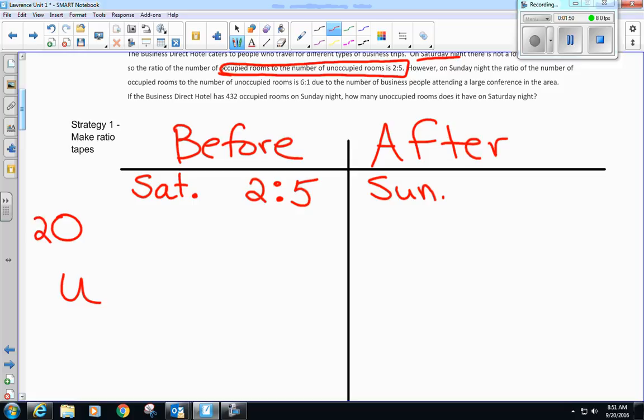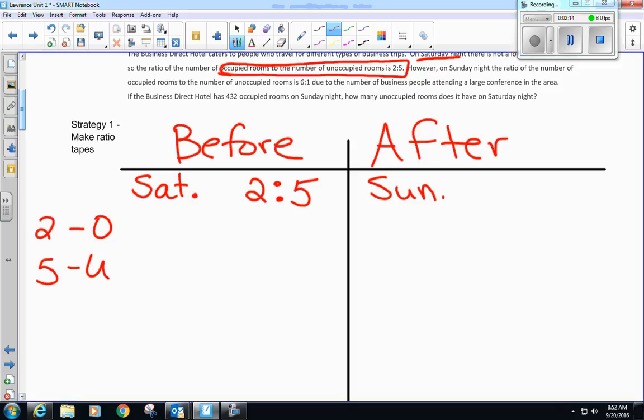Use what they give you to do your labels. And you have to have labels. It's not 20, it's 2 O, 2 occupied. Let me fix that so it doesn't look so much like a 20. It's 2 occupied and 5 unoccupied.